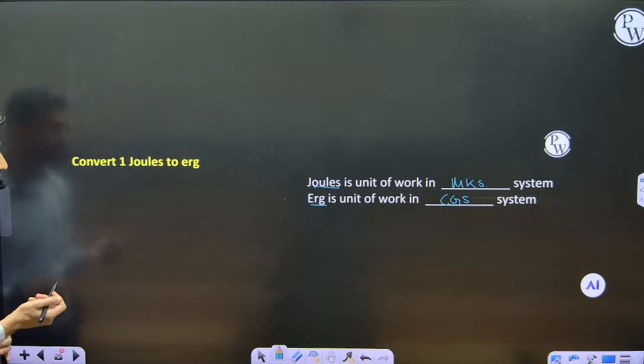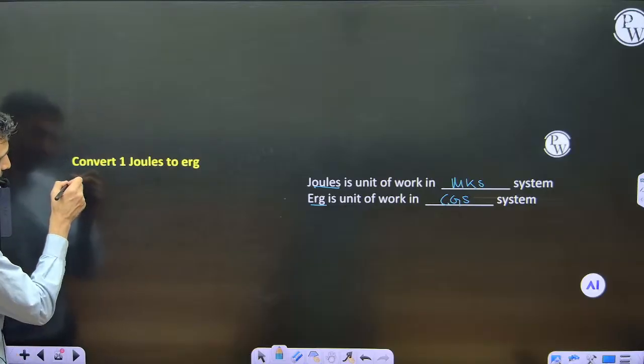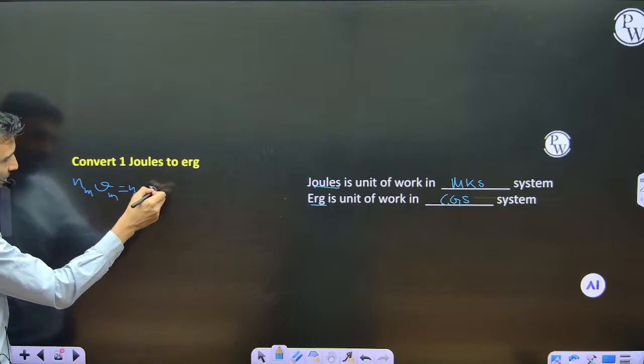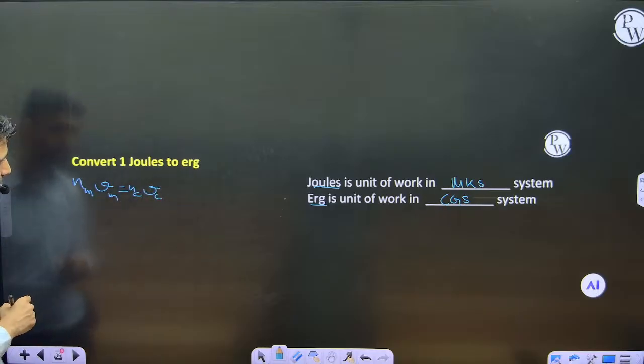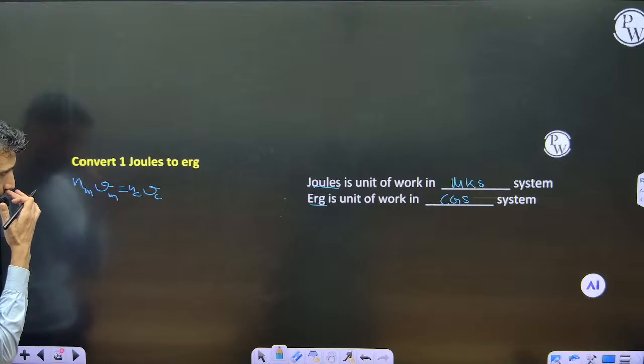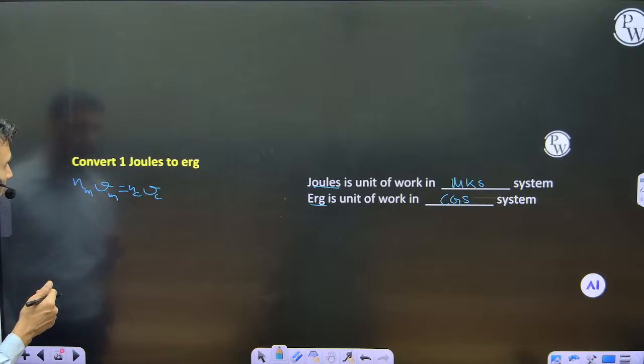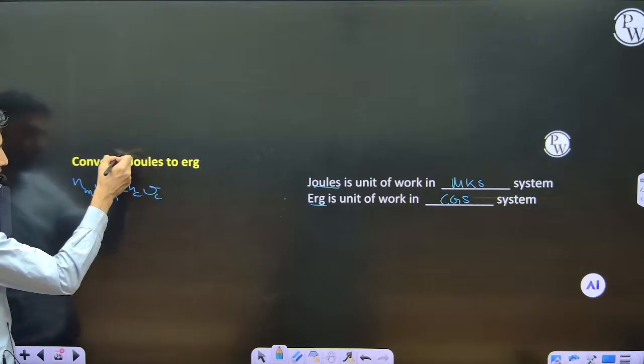Again, you can use the same formula, that NM UM is equal to NC UC, right? Now, one joule. So what is one here?